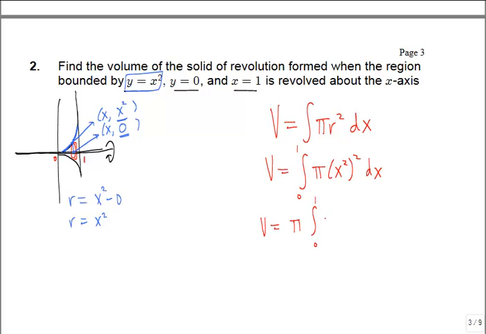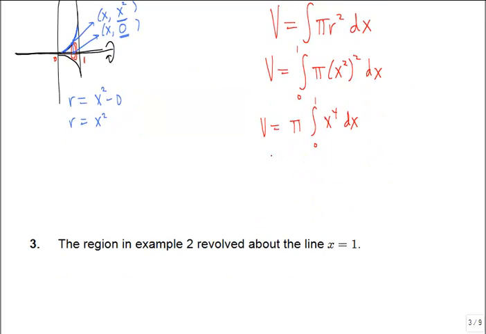X squared squared is x to the 4th. And when I integrate x to the 4th, that just becomes x to the 5th over 5. And we want to plug in our bounds. So that's going to be pi times 1 to the 5th over 5, which is just 1/5. 0 to the 5th over 5 is 0. So this is going to be pi over 5, or 1/5 pi.